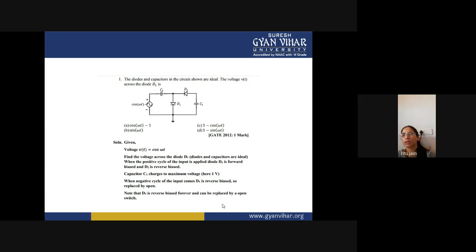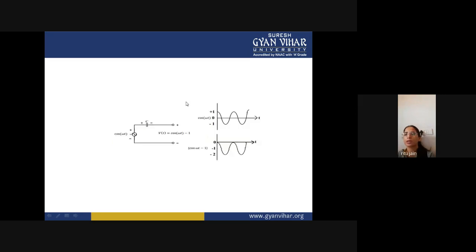D2 is also in the reverse biasing condition forever, and it can be replaced by an open switch. So when you apply the positive cycle, the capacitor is charging to 1 volt, D1 is in forward biasing and D2 is in reverse biasing. In the negative half cycle, D1 and D2 both are in reverse biasing.